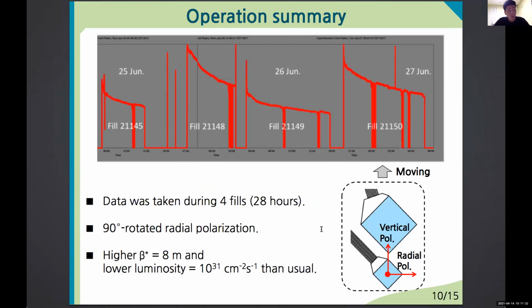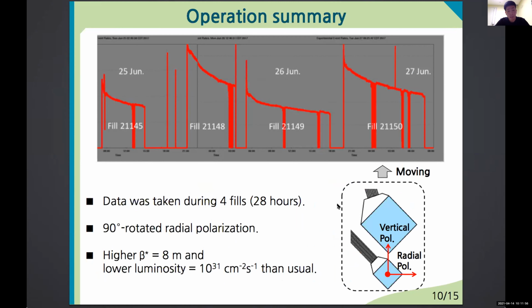The LHCf experiment was operated during 4 fills for 28 hours. This figure shows beam intensity over time in 3 days during the operation. For the experiment, we requested several special settings. First is the 90-degree rotated radial polarization.